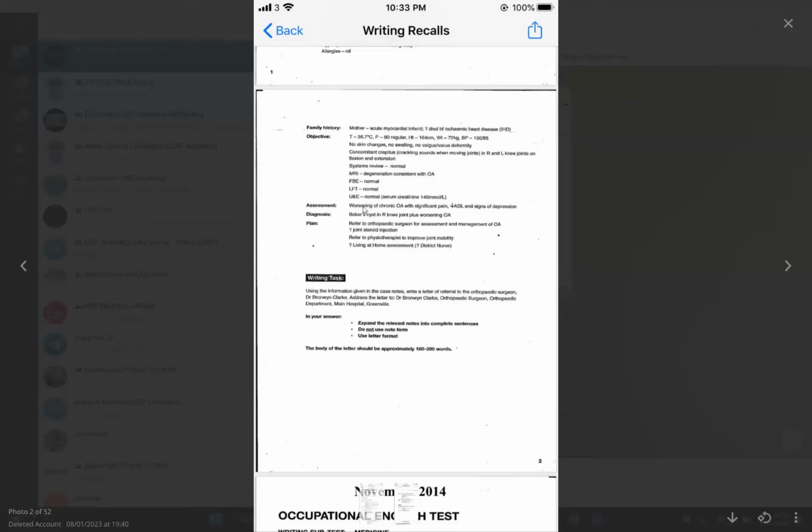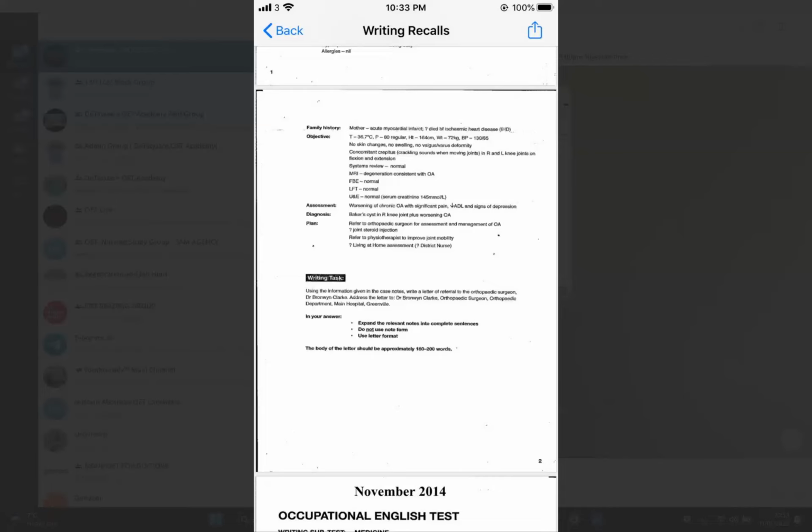So it means this patient is having worsening, increasing pain of this osteoarthritis, which is now affecting his activities of daily living, with signs of depression. Do you understand? So the problem on ground now is that this guy is having increasing pain, worsening osteoarthritis, and is significantly negatively affecting him physically and psychologically.